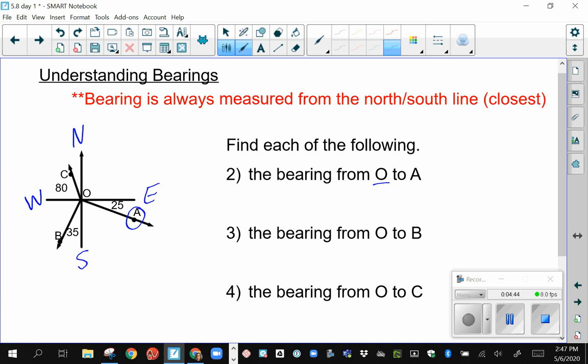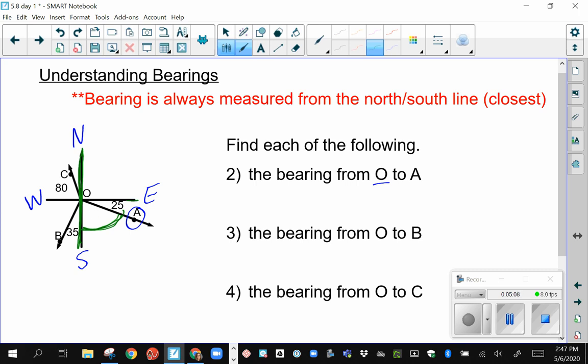When you measure bearing, as I have in the red up at the top, you always want to measure that from the north or south line. You're always going to measure it from the vertical, and you're going to measure whatever's closest to that point. So see how point A is closest to this line? Okay, so I'm interested in the degree measure that is in this green area where my cursor is.